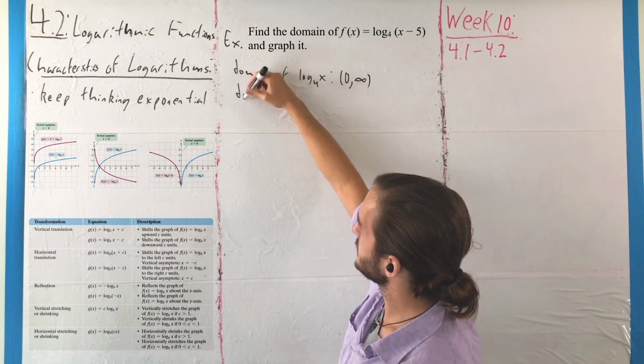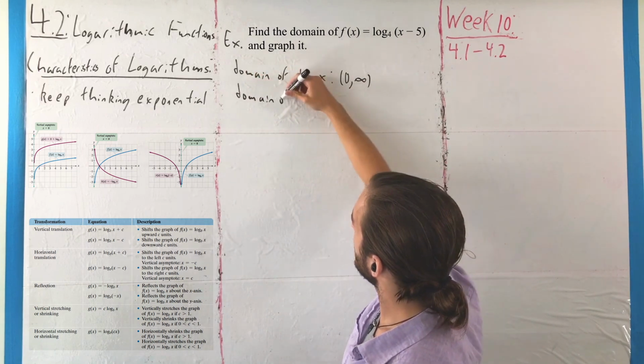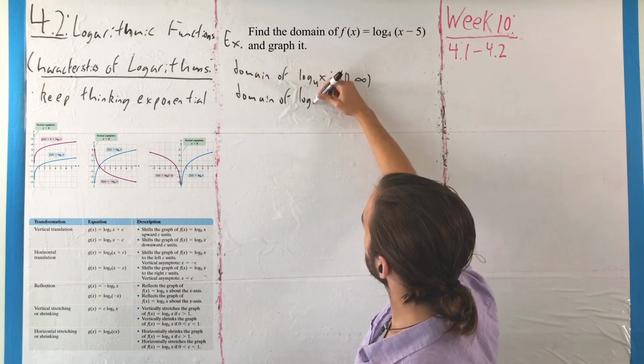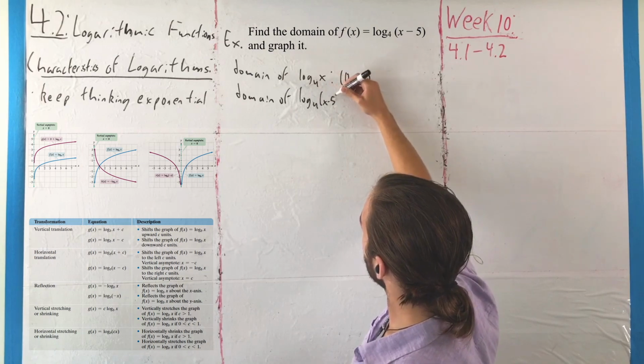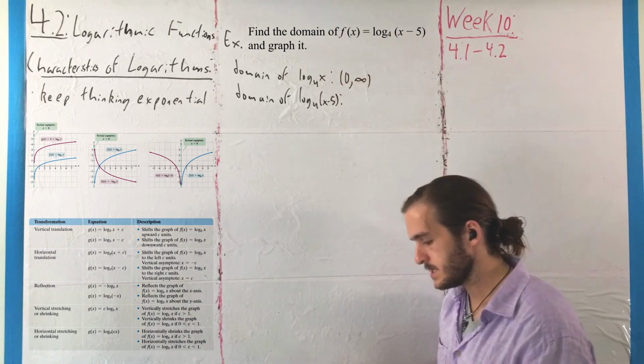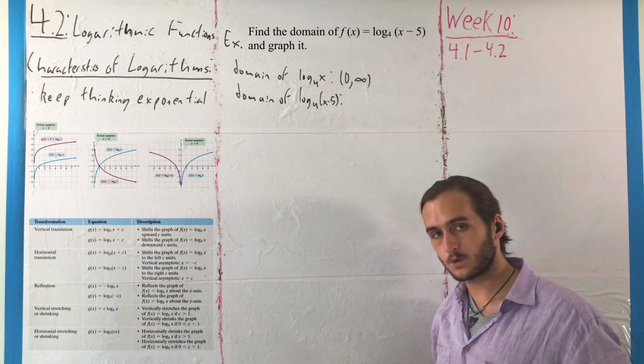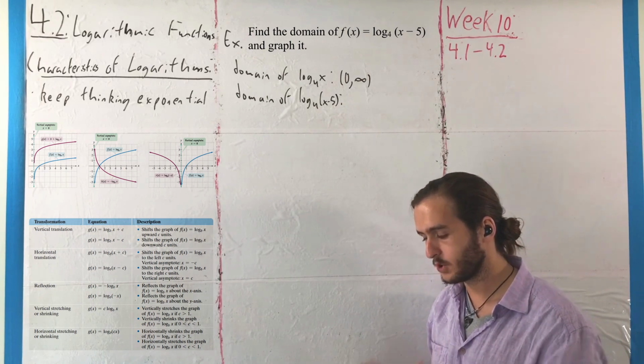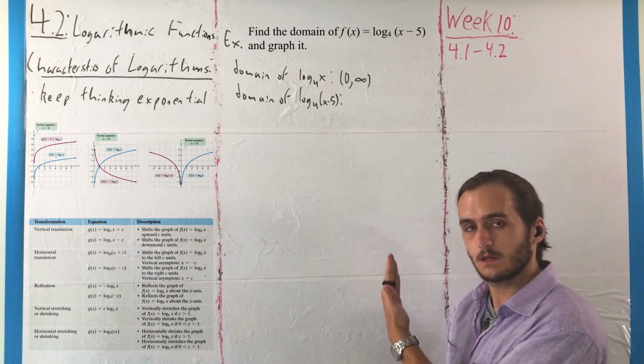So if you want to find the domain of log base 4 of x minus 5, what we need to understand is that we are dealing with that horizontal translation where we are pushing the whole thing to the right 5 units.